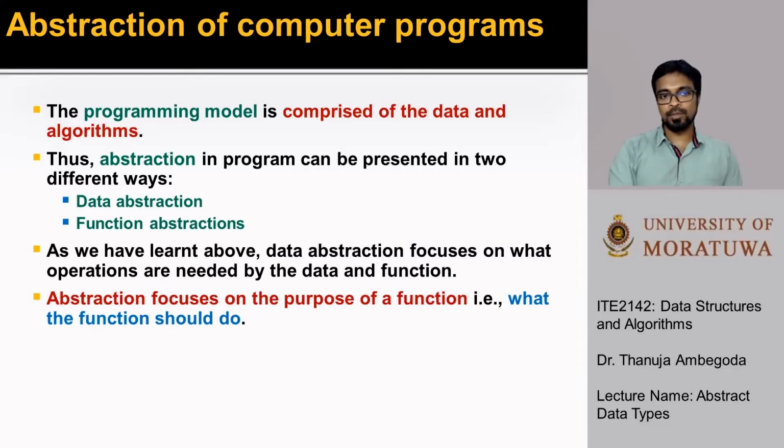So when it comes to data abstraction, we focus on what operations are needed by the data and the functions. And function abstraction focuses on the purpose of the function. What should the function do?